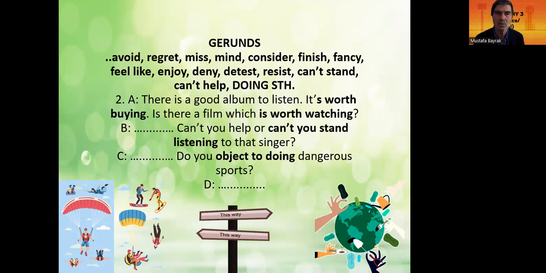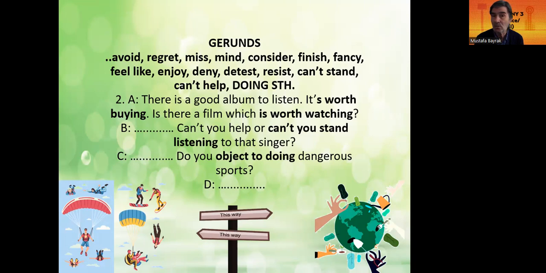There is a good album to listen, now to do. There is a good album to listen. Do you remember that there is a good album that you can listen? So there is a good album to listen. But if it were like this, for example, there is a good album to be listened, is also true.